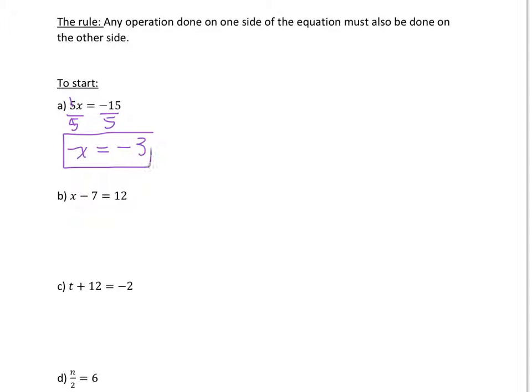So my solution is x equals negative 3. The value of negative 3 for x makes the left side of that equation equal the right side. 5 times negative 3 equals negative 15.